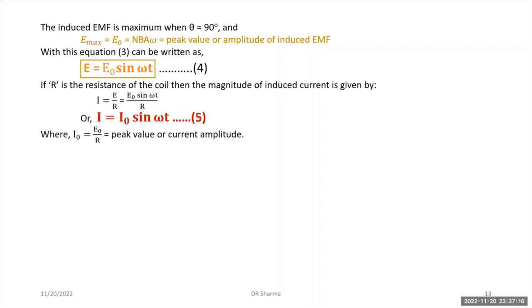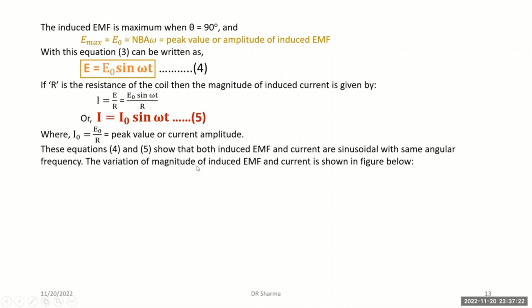That I naught is the peak value of current or current amplitude. Equations 4 and 5 show that both induced EMF and current in a rotating coil are sinusoidal quantities.